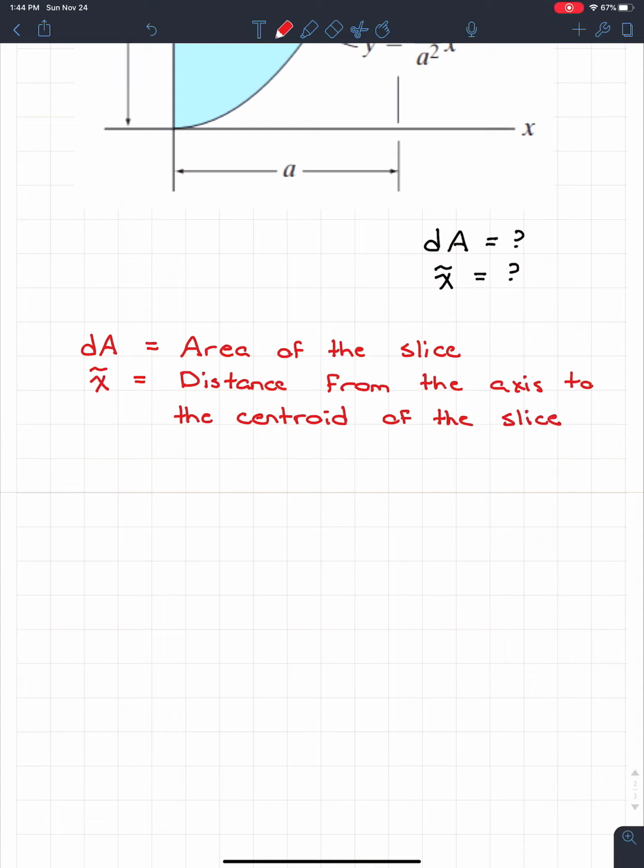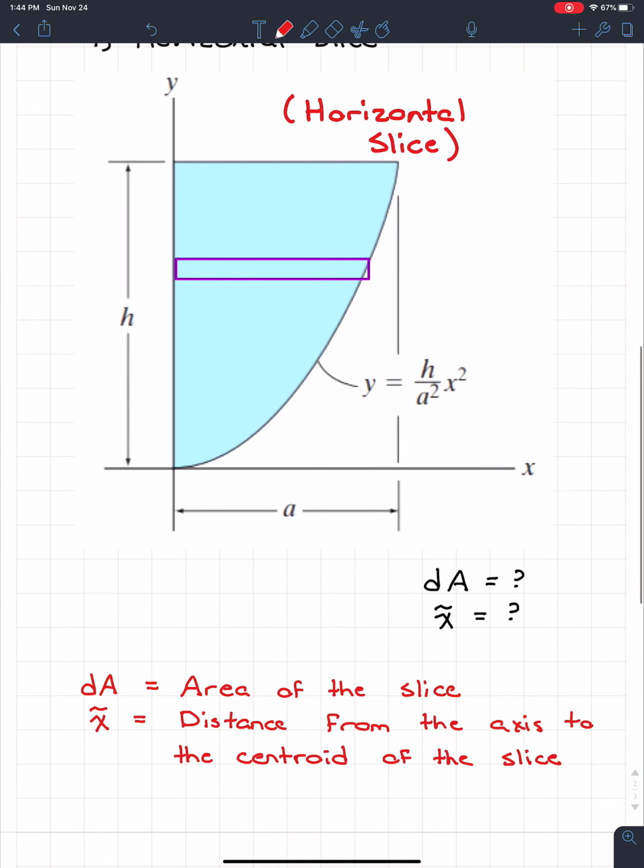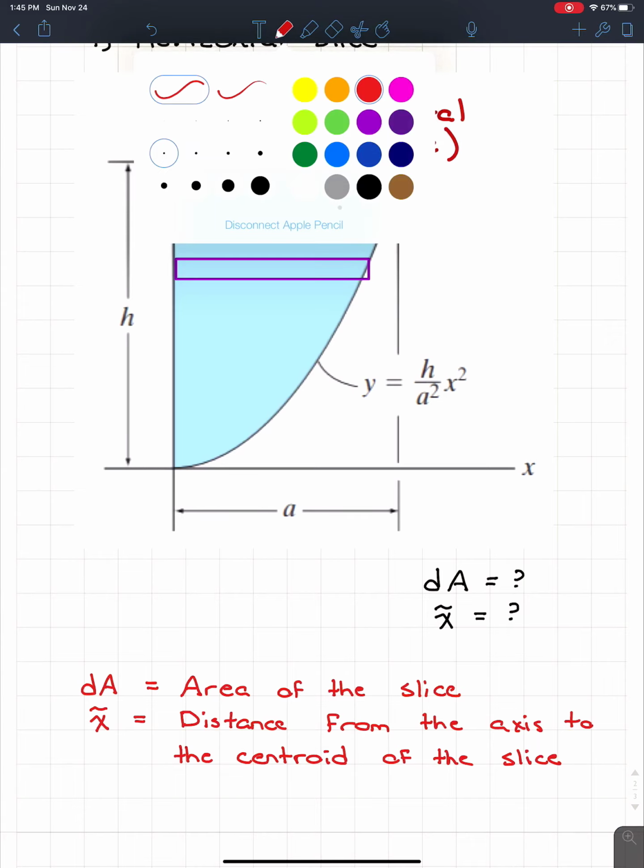So a lot of words right there, but if you can remember this, you're good to go. So now let's go up to the slice, and we're going to try and figure out the parameters of the slice. So what we're going to do first is, okay, well, we need to find the area of that slice. So let's start to label some of the parameters.